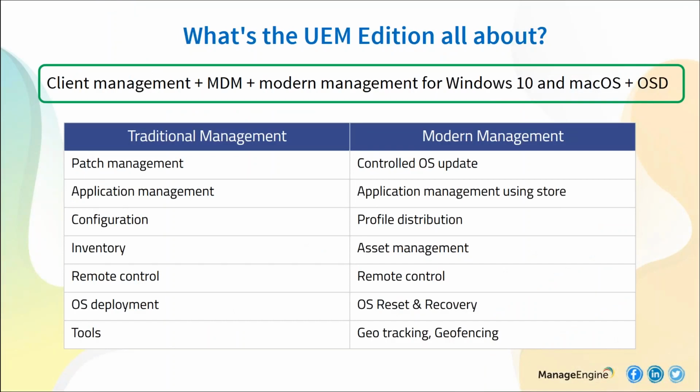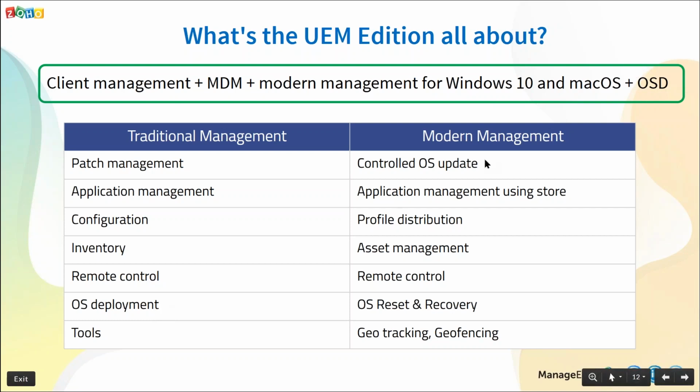In unified endpoint management, you can manage endpoints in a traditional IT management fashion that includes patch management, application deployment, configuration deployments, operating system deployments, tools for troubleshooting, and day-to-day management activities.